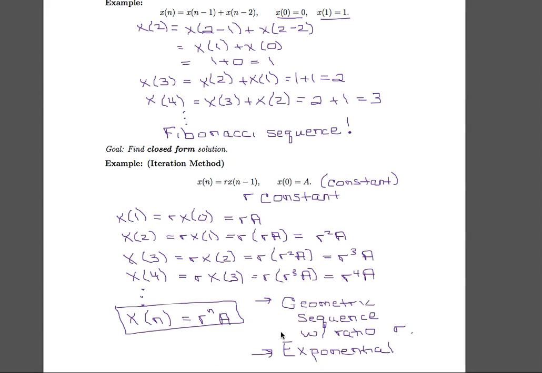So both of those are used to describe this example, which is actually a very general example, right? So we're saying that some quantity always changes by a constant multiple of its previous state. So whenever we have something that behaves like that, we know its closed form will follow this form right here.